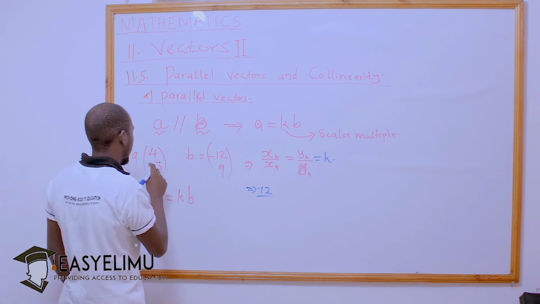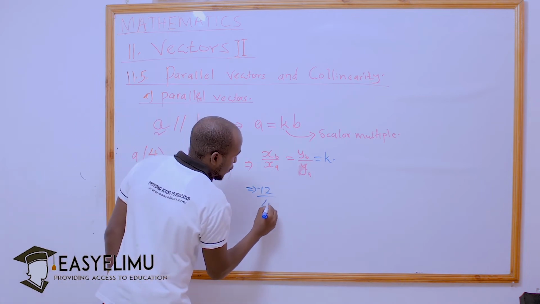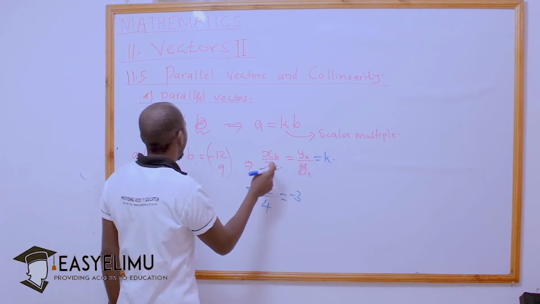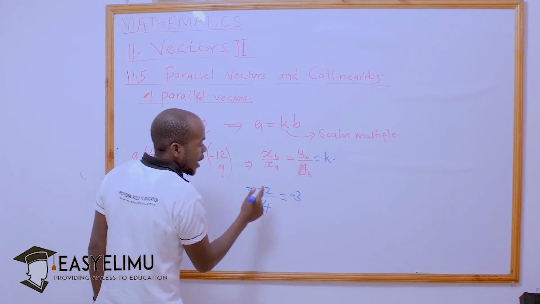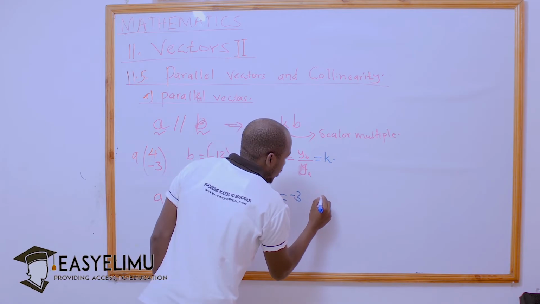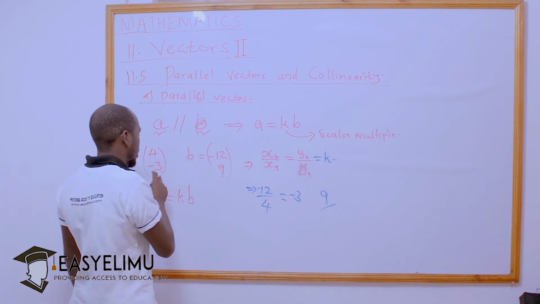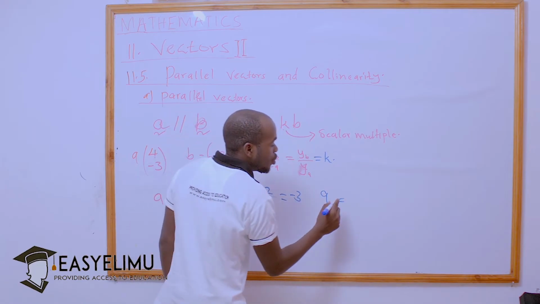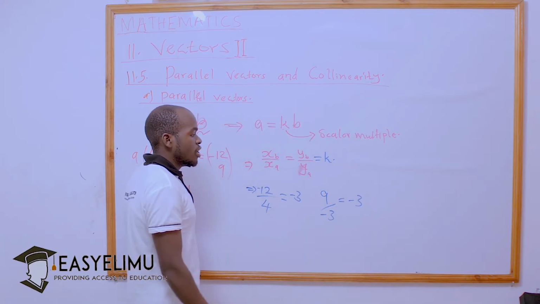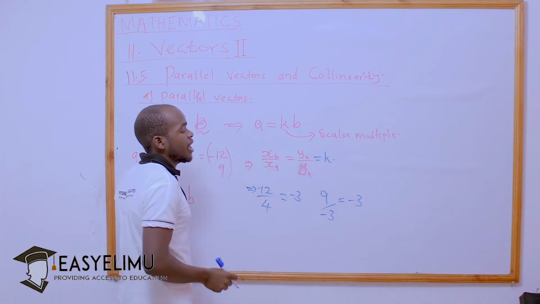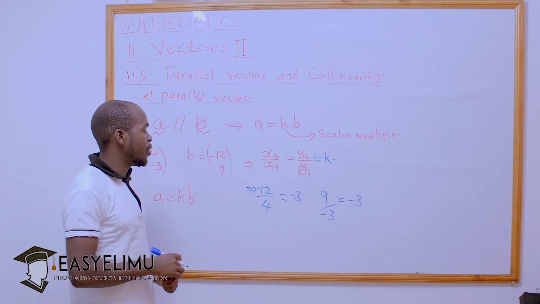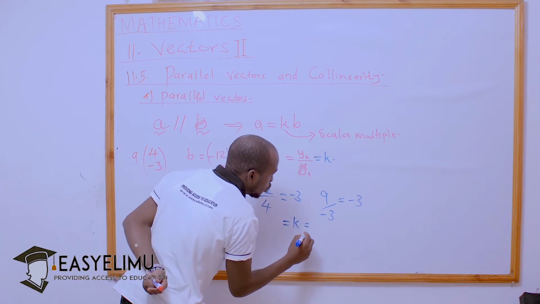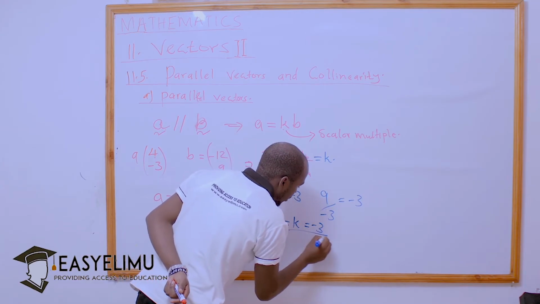Take -12 over 4. You will find your value is -3. And if you take 9 for the Y of B, 9 over -3, this is also going to give you -3. Meaning that is our K because it is similar in both. So K is equal to -3.